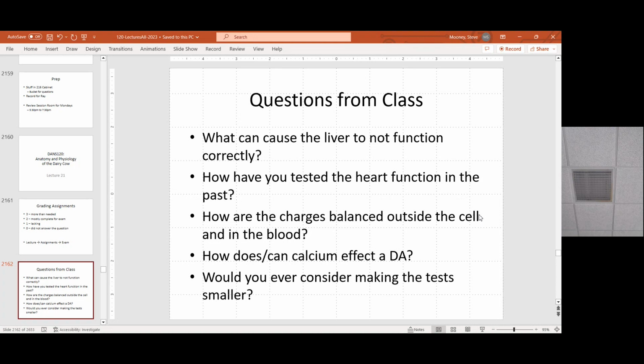What are the charges balanced outside the cell and in the blood? We could probably go over this, as people struggle with that. So we have inside the cell and anywhere generally outside. That can be blood, that can be interstitial. It's all the same from what we're talking about here, from a charge balance.